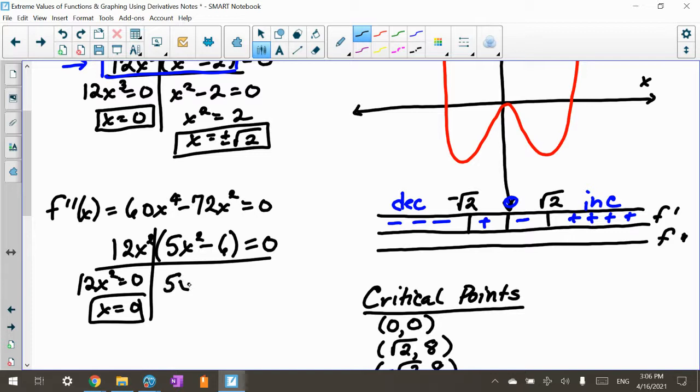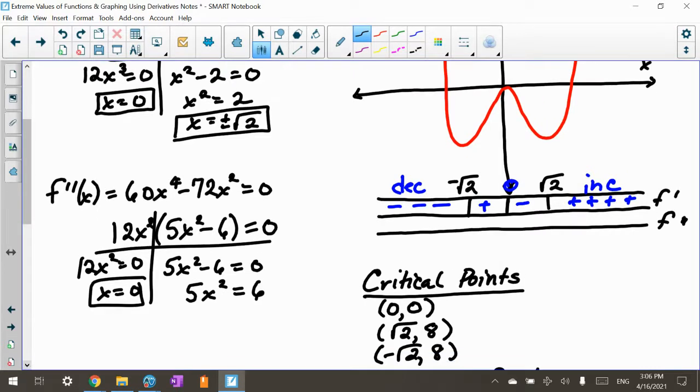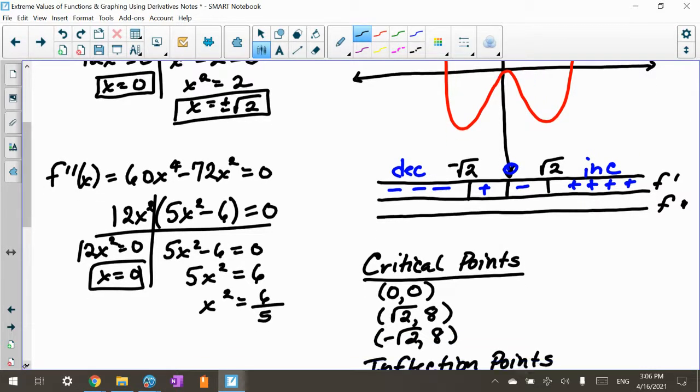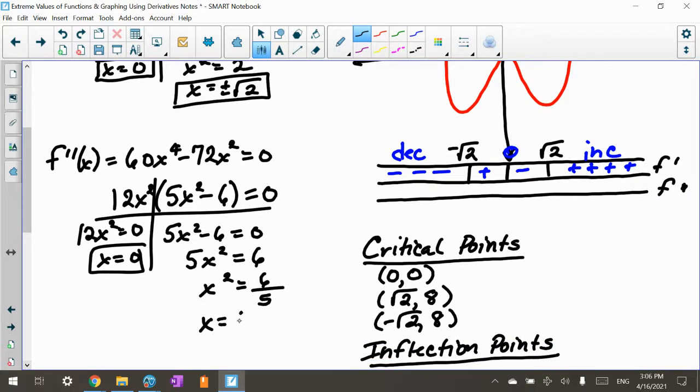I have 5x squared minus 6 equals 0. 5x squared equals 6. x squared equals 6/5. x is going to be positive or negative radical 6/5. Remember the positive and negative, okay? So again, I have 3 inflection points.